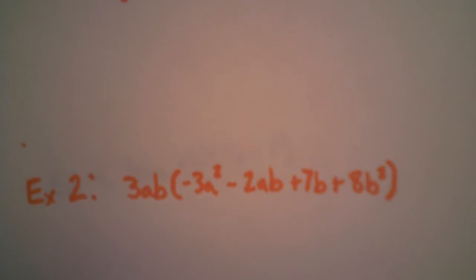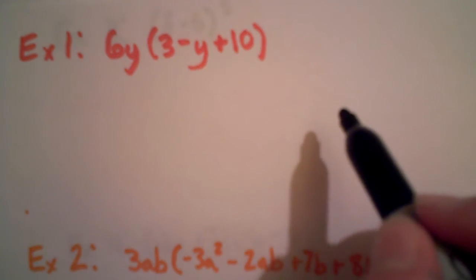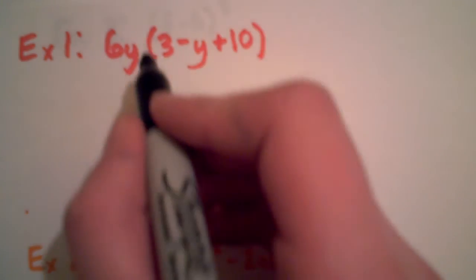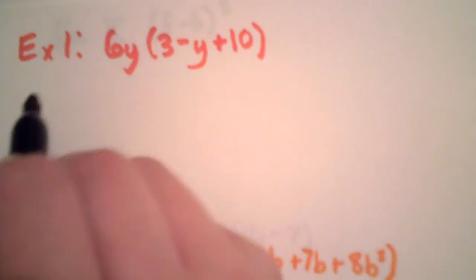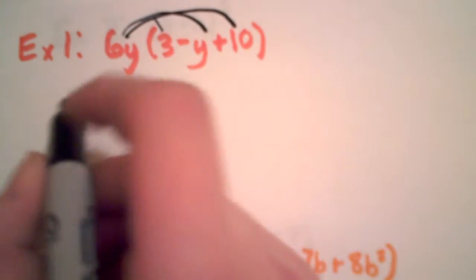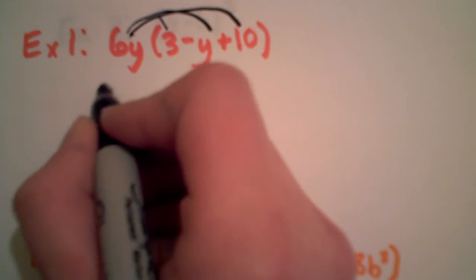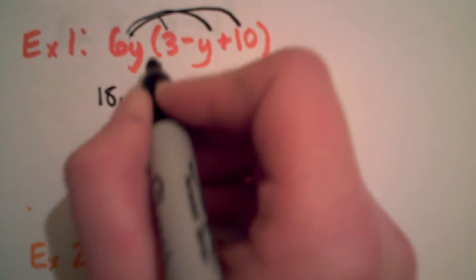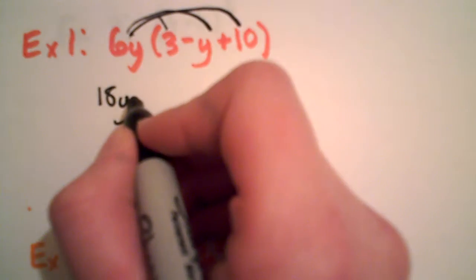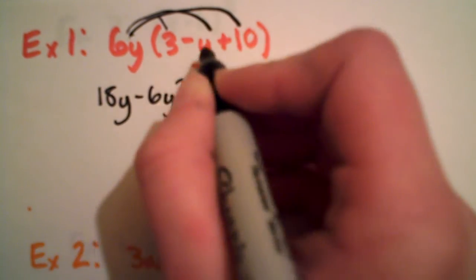So, this is my first example. This is just a monomial multiplied by a polynomial. So we're going to have to remember to just distribute this term in here. So we're going to take our 6y multiplied by 3, and we're going to get 18y. 6y times a negative y is just going to be negative 6y squared.